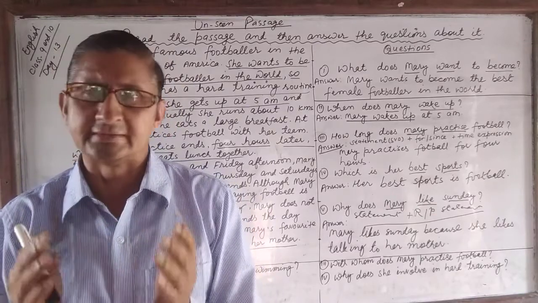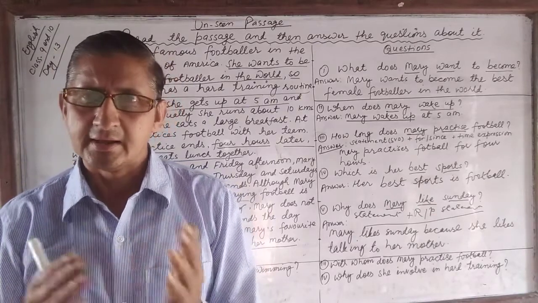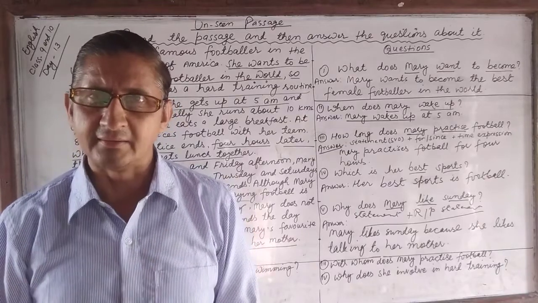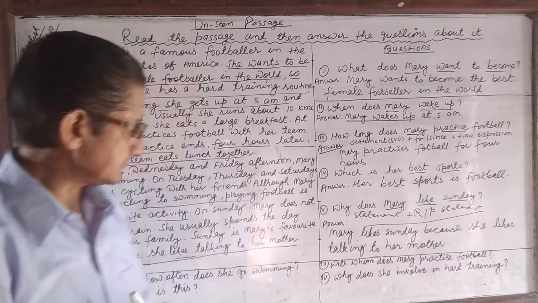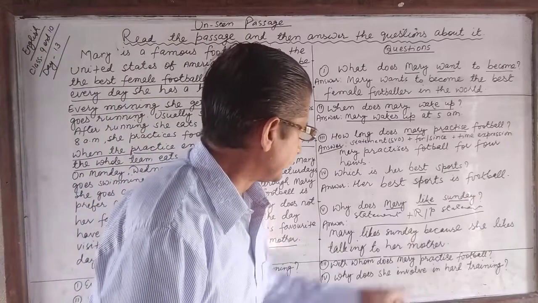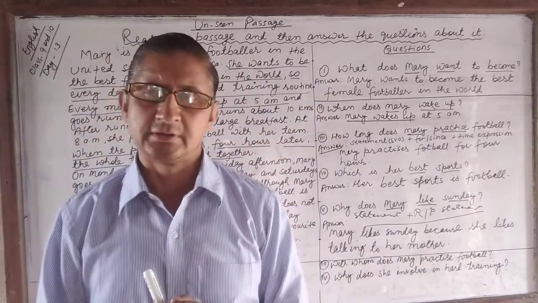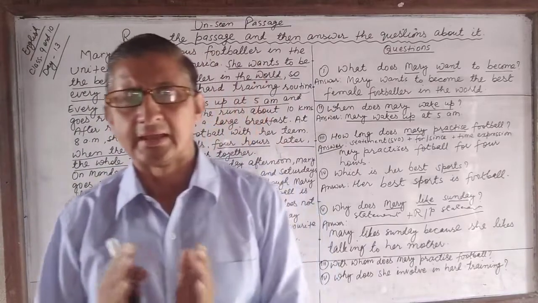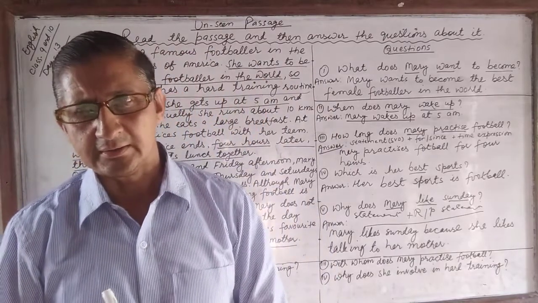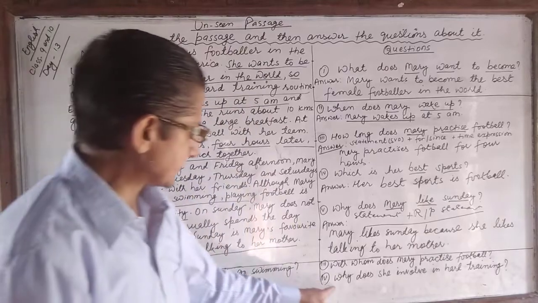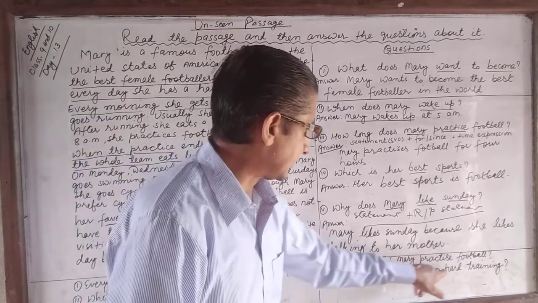For example, hers, his, Ram's, Hari's, Mary's, in this way. Next, with whom does Mary practice football? The answer of whom question can be a person in object form.